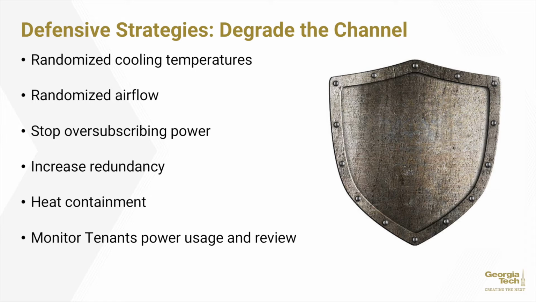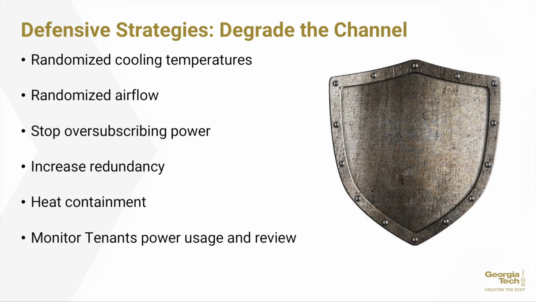There's a few ways you can try to do this. You can randomize the cooling temperature, so that the temperature coming out from the CRAH is going to fluctuate anywhere from 60 degrees Fahrenheit down to 30 degrees Fahrenheit. You could also randomize the airflow itself, which would help to change the flow model that we calculated within the data center.